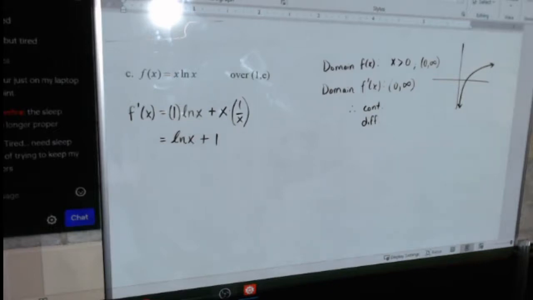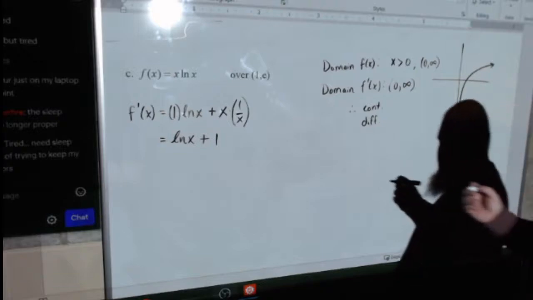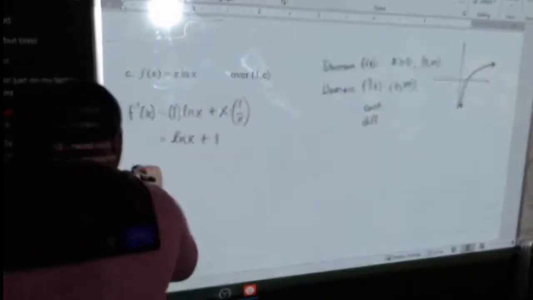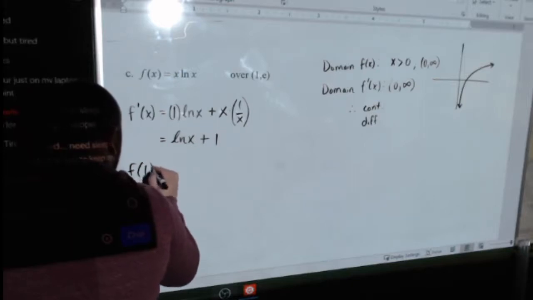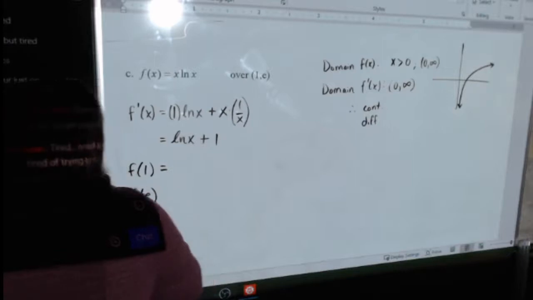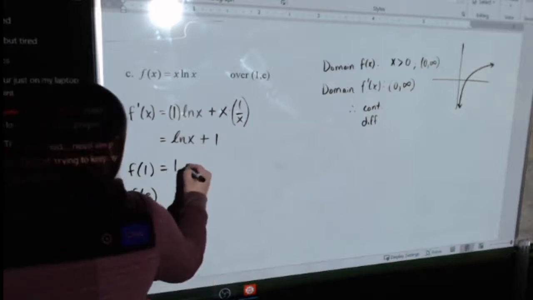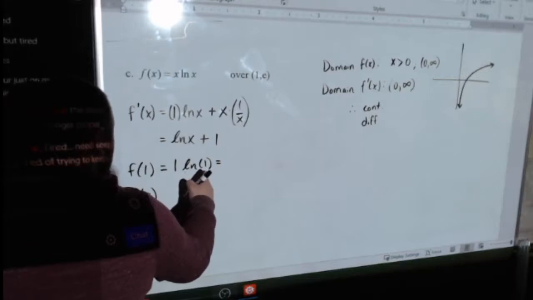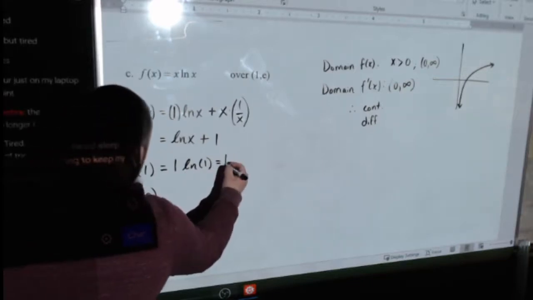So all we need to do now is find the two values of the function. All right, we need to plug 1 and e back into the original. So f of 1, f of e. So f of 1, that's going to be 1 times the natural log of 1. Natural log of 1 is just 0. So this is 0.